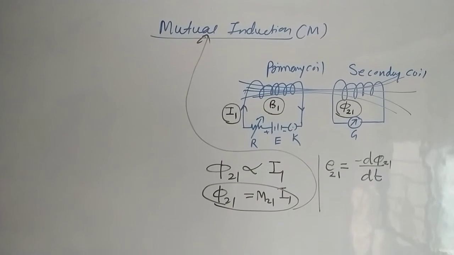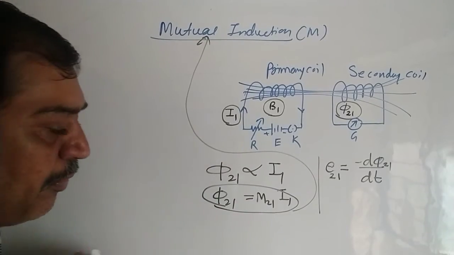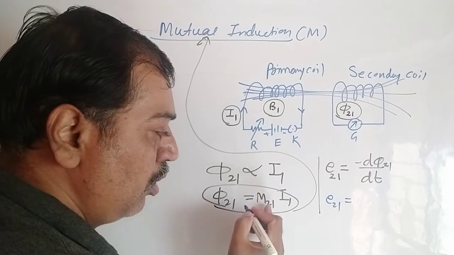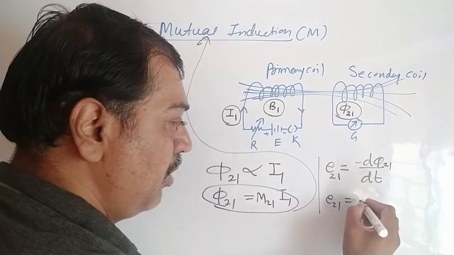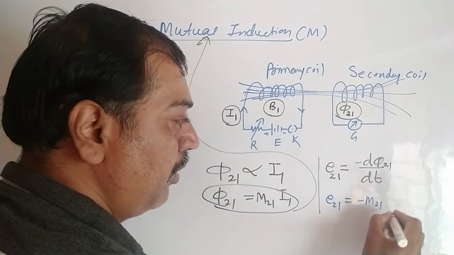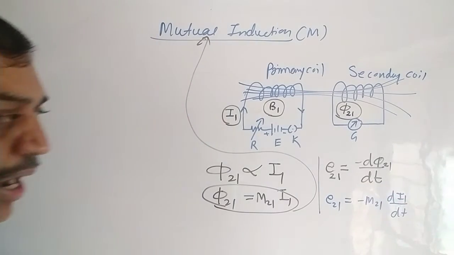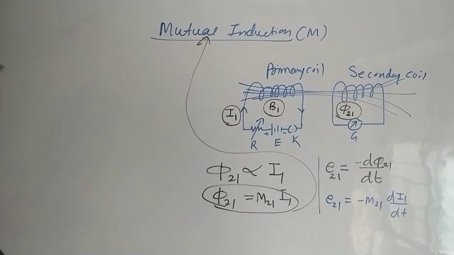Put the value of φ21: E21 equals minus M21 into dI1 by dt.